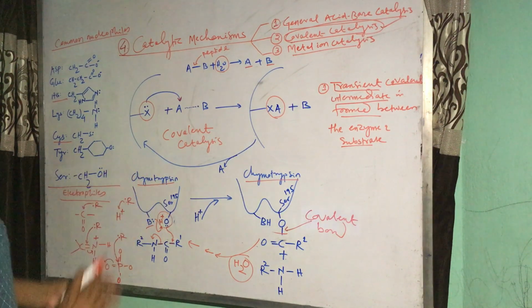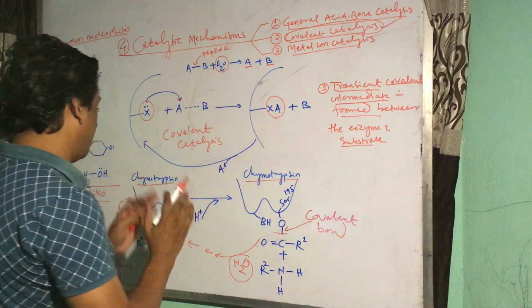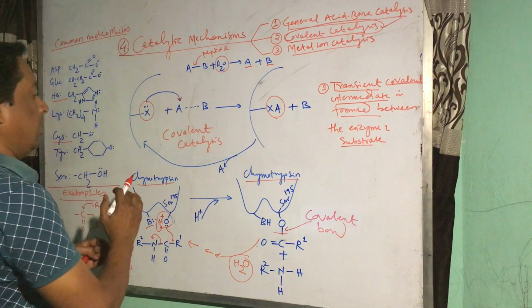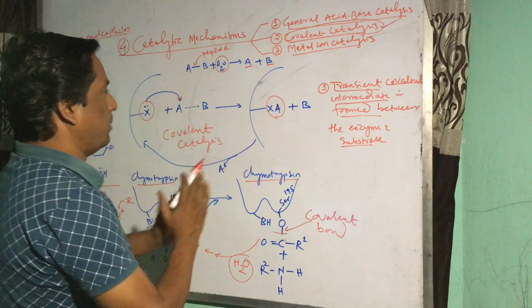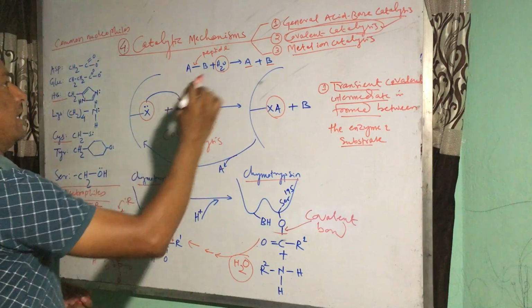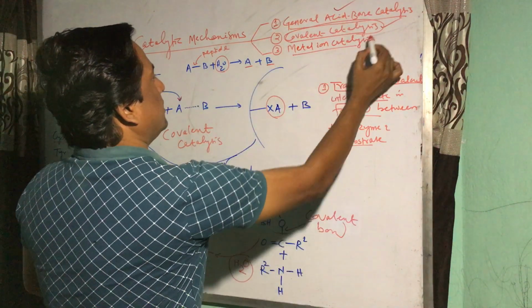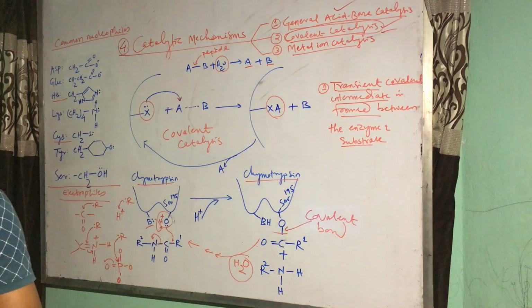So chymotrypsin is a very beautiful example which can be exemplified both in the case of acid base catalysis and covalent catalysis.